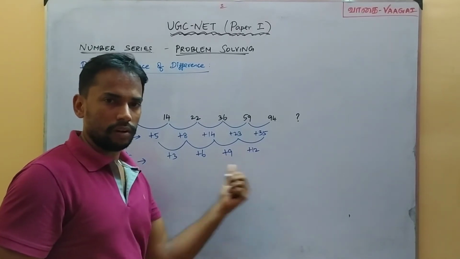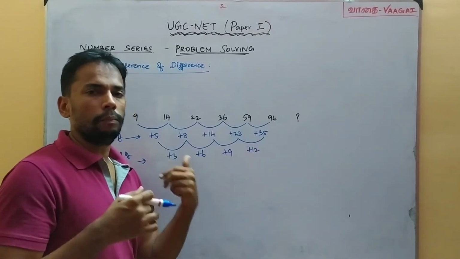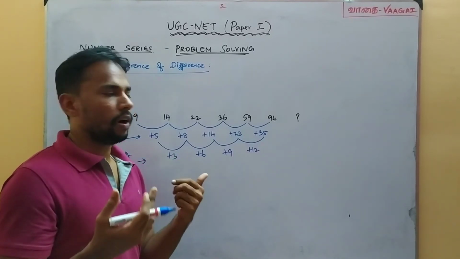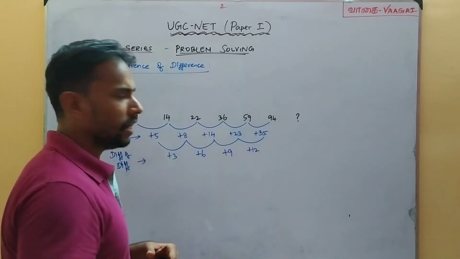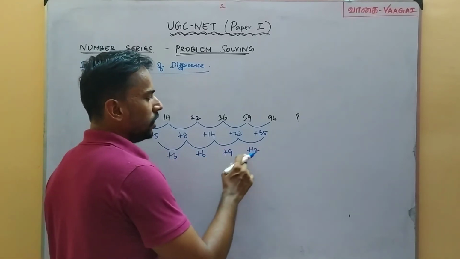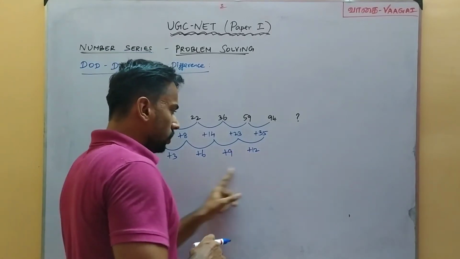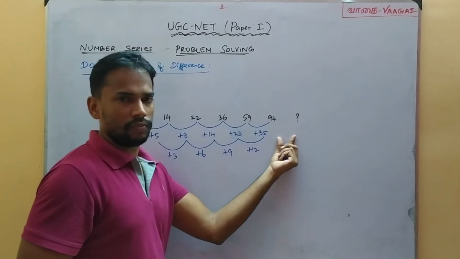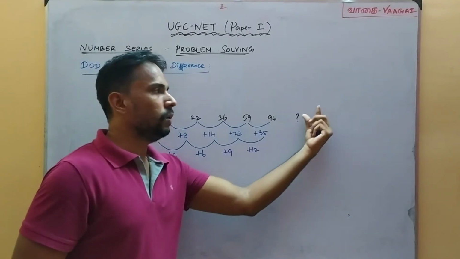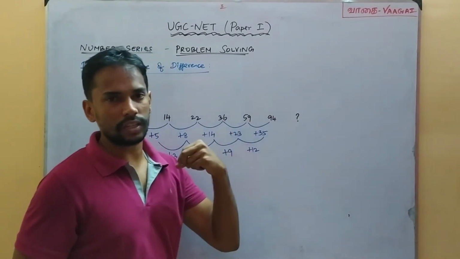They are nothing but multiples of 3, or I can even say the numbers which come in the 3 table. Very simple for us to see, right? So 3, 6, 9, 12 we have, and with this we will be able to get the first level difference, and with this we will get the answer to this question.